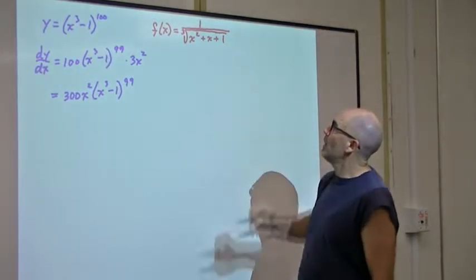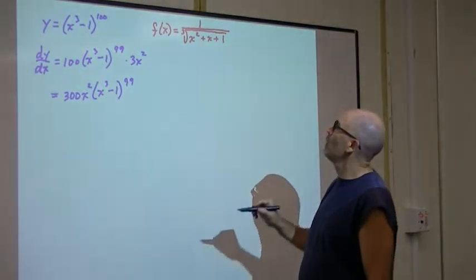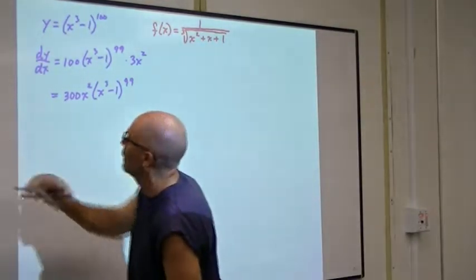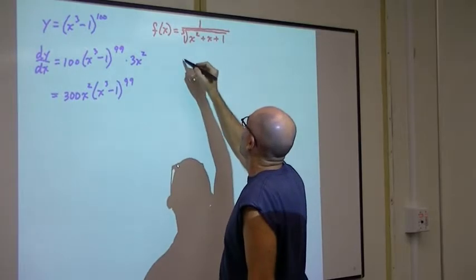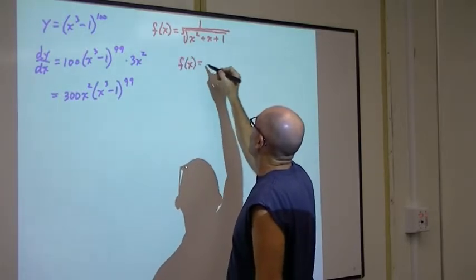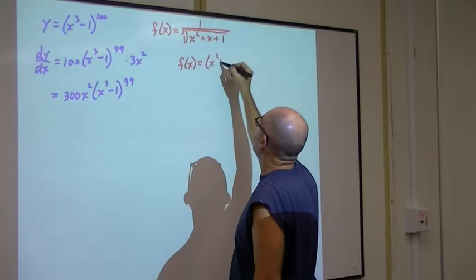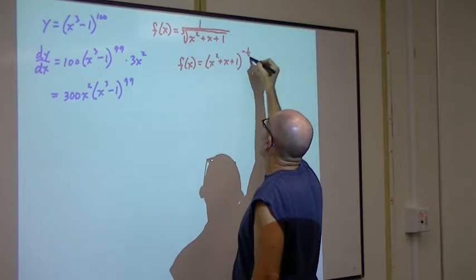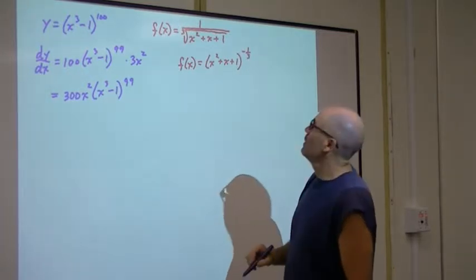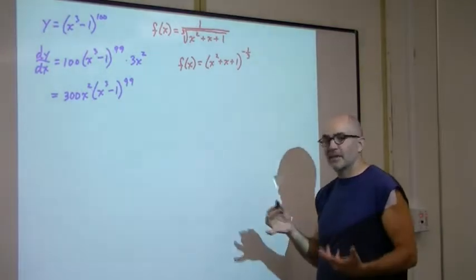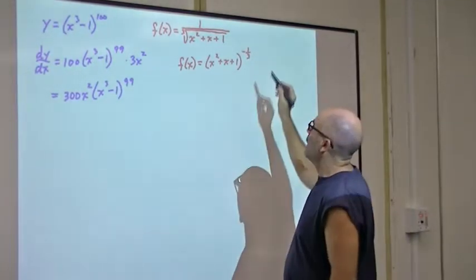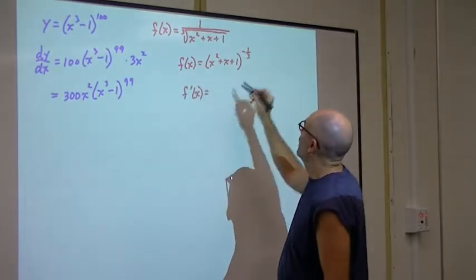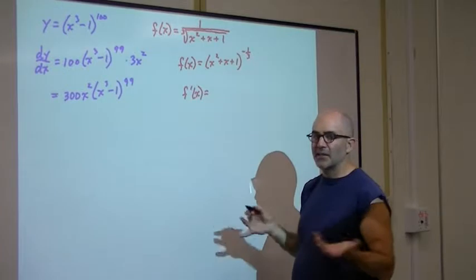All right, now, what about f of x equals 1 over the cube root of all that stuff? Well, let's rewrite this. f of x equals (x squared plus x plus 1) to the negative 1/3 power. Remember, cube root is 1/3 power, and since it's on the bottom it's negative 1/3 power. Now we're going to take the derivative of this thing. So f prime of x equals, well, I'm going to treat the whole parentheses as if it's just an x.